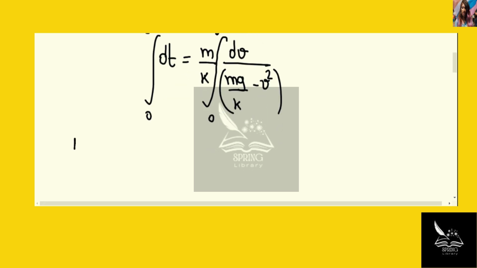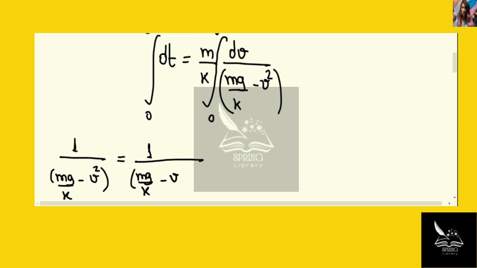We have that 1 over mg over k minus v squared is equal to 1 over the square root of mg over k minus v times the square root of mg over k plus v.